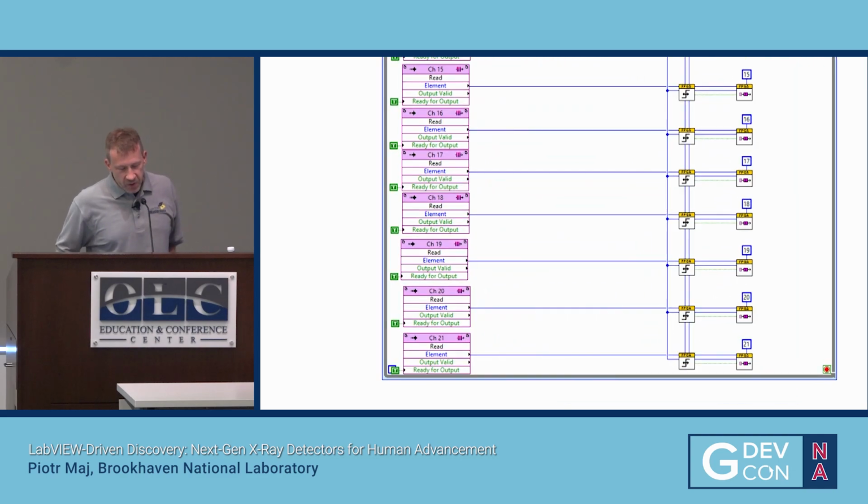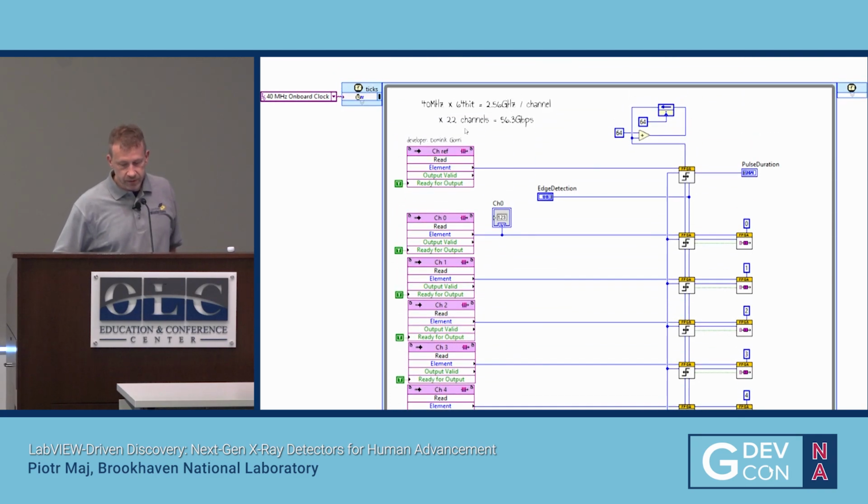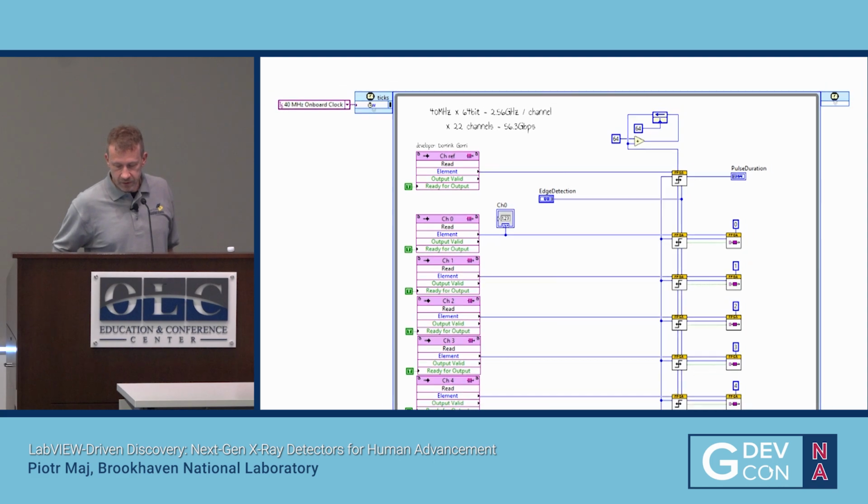An even quicker system is another detector that uses the acquisition of 32 channels, but each channel is sampled at 2.56 gigahertz. This is the sampling rate of the digital I/O nodes on FPGA. It results in more than a 56 gigabits per second continuous data stream to be processed by FPGA.